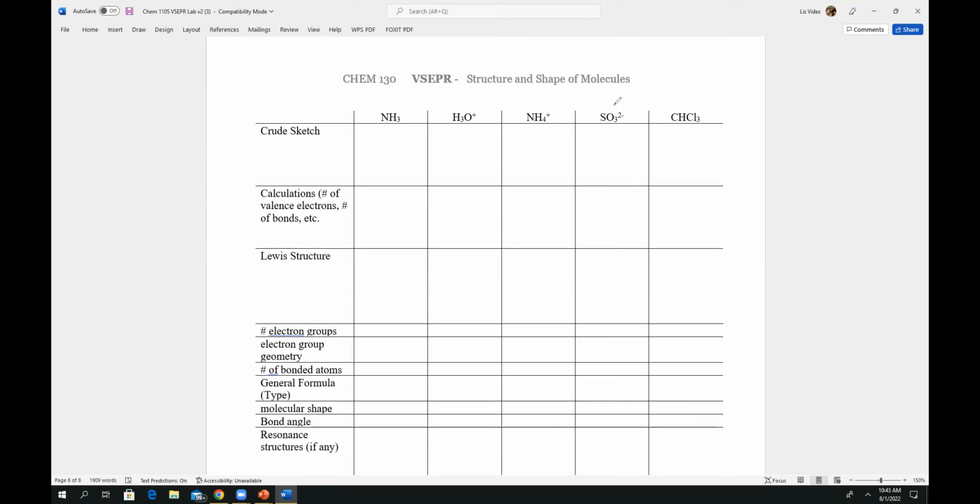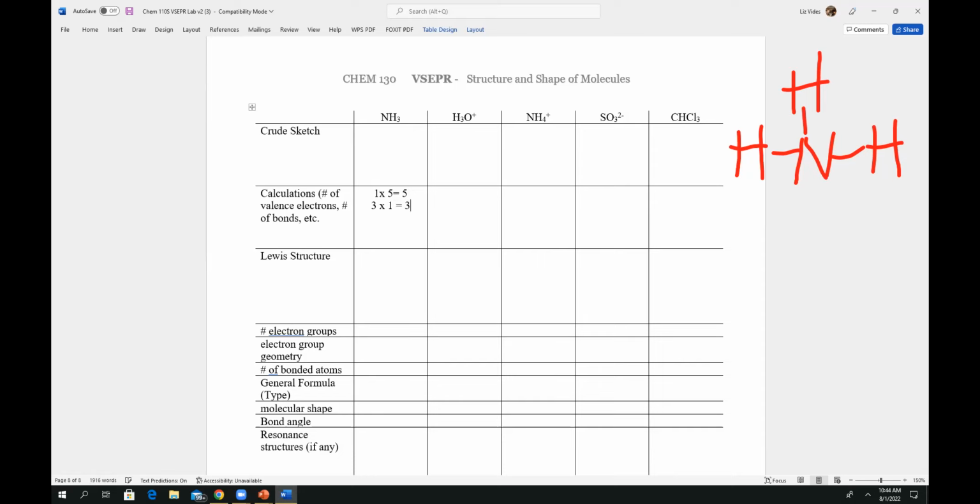So the very first thing to do is do the crude sketch, and that's an N with 3 H's around it, right? And you got bonds to each one. Okay, so the calculations are going to look like what? Okay, so we got 1 nitrogen, and that has group 5. So that's going to give us 5. And we have 3 hydrogens times 1.